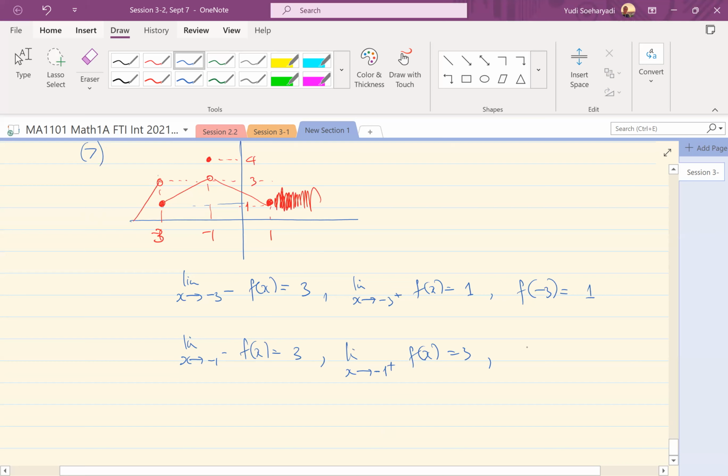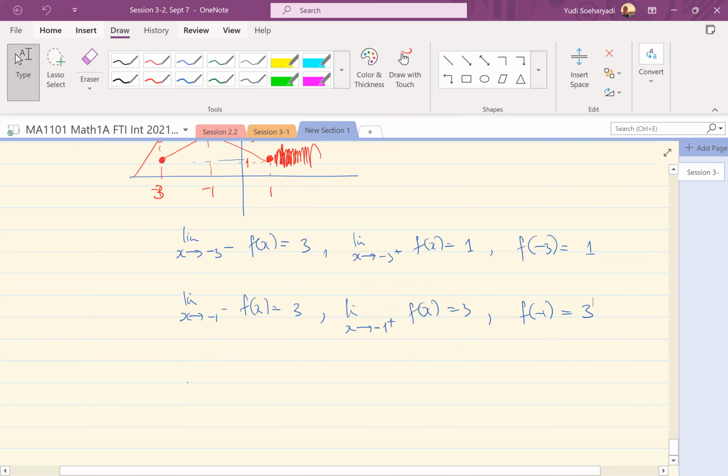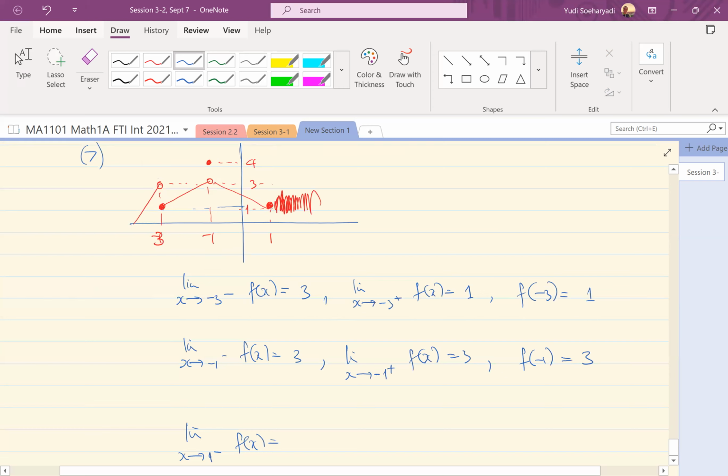Okay, and f(-1) is actually 3 also. Okay, and what about x going to 1 from the left? From the left, the value is 1.